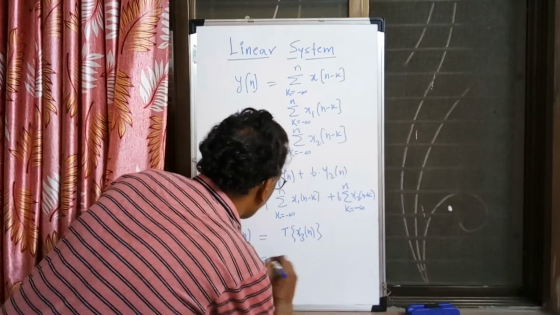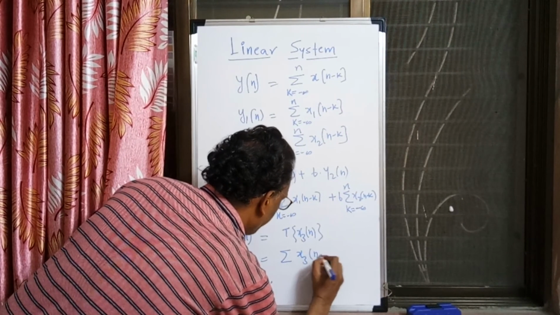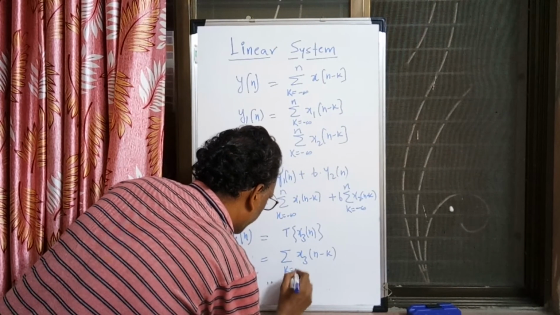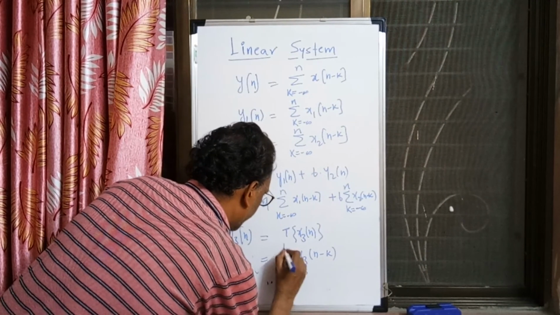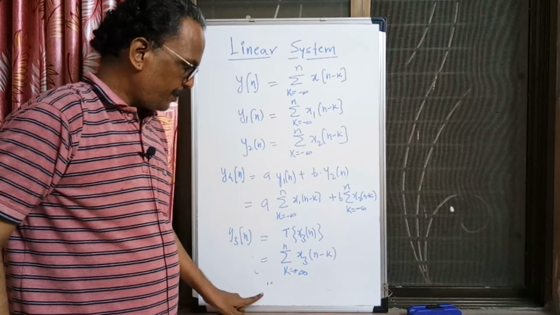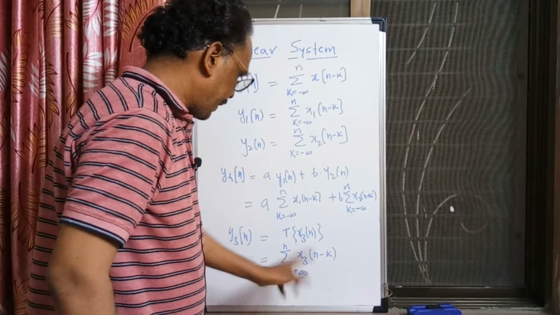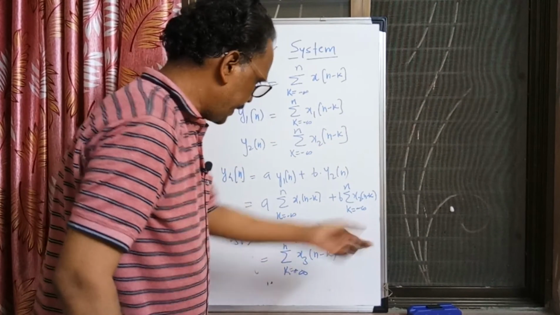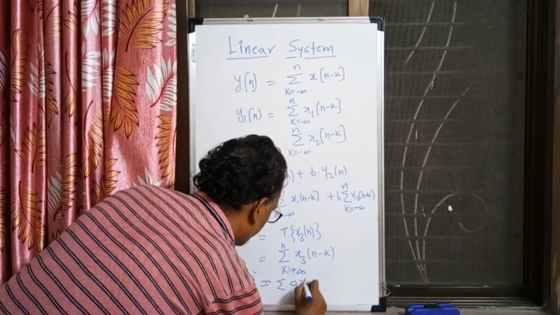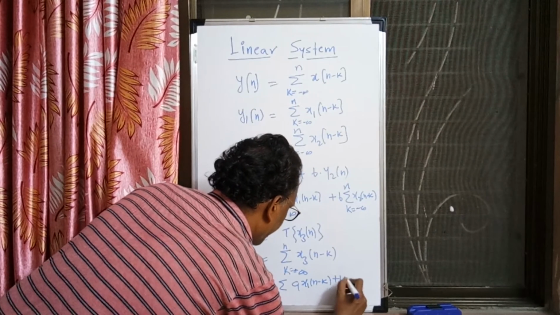So the response will be the summation of x3[n minus k], k equal to minus infinity to n. But what is x3[n]? We know that it is a times x1[n] plus b times x2[n]. So we can write the summation as a times x1[n minus k] plus b times x2[n minus k].